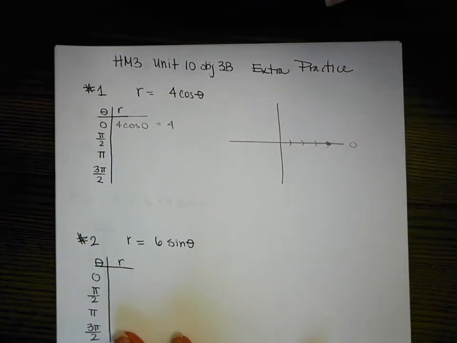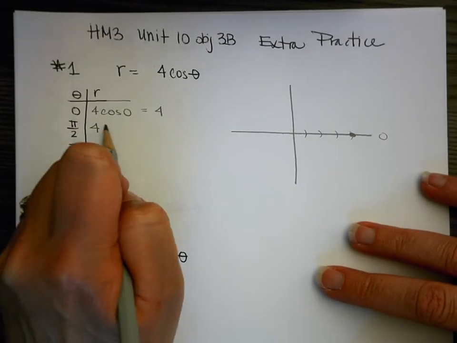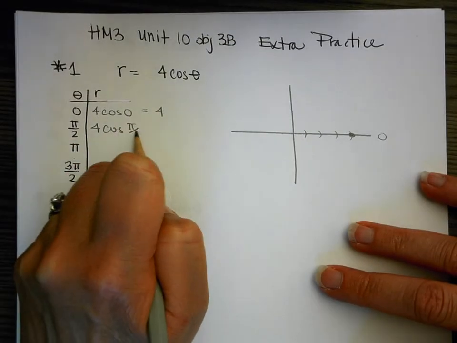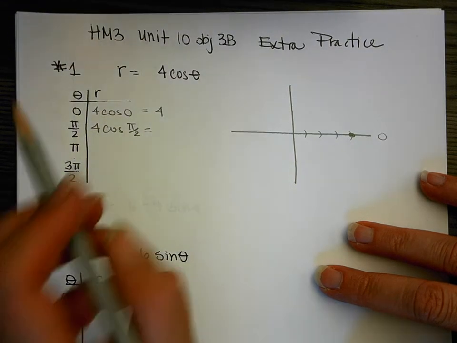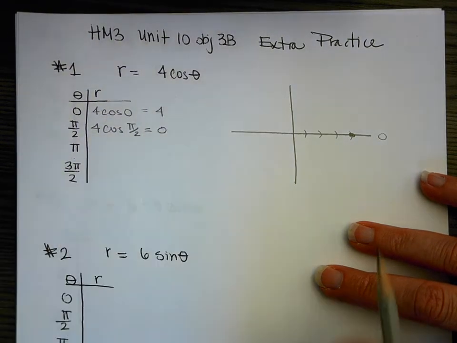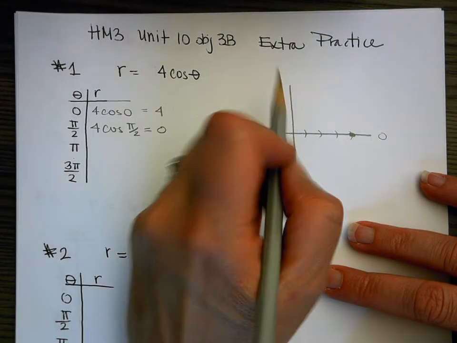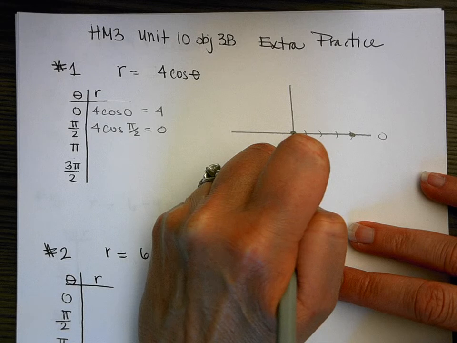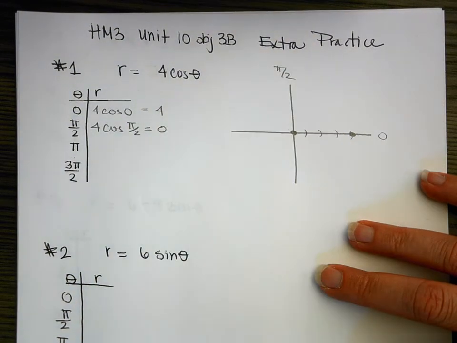Then if I take a look at pi over 2, this would be 4 cosine of pi over 2. And I know at pi over 2 cosine is 0, so 4 times 0 would be 0. So at pi over 2, which is right here, my r value is 0, so I would go nowhere. I would be at the pole. So right there, that's at my pi over 2.